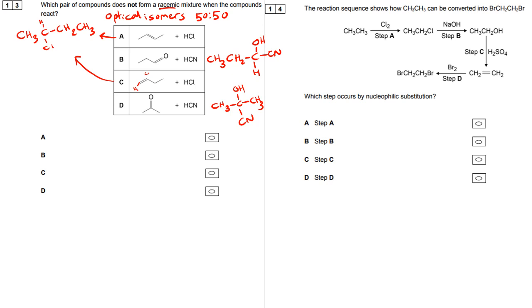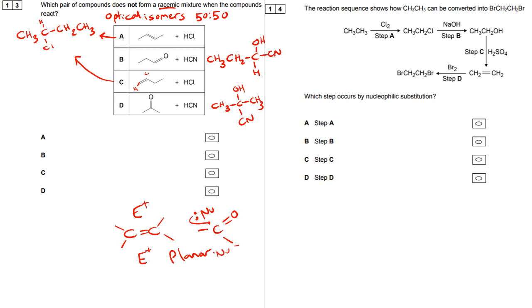So alkenes and carbonyl compounds have a planar group that is attacked by the electrophile in the case of the alkene, or attacked by the nucleophile in the case of the aldehyde or ketone. Because these are planar, the electrophile or the nucleophile is going to attack either above or below the plane with equal probability.